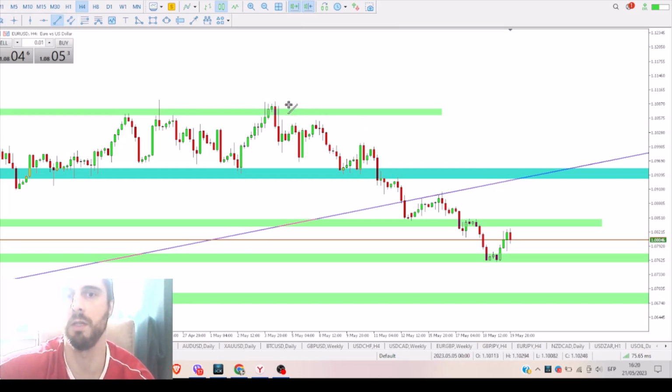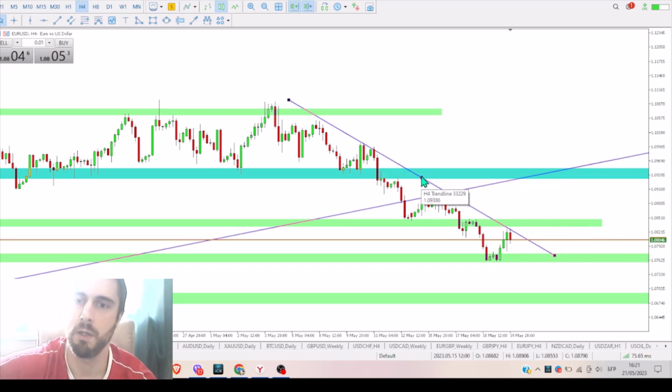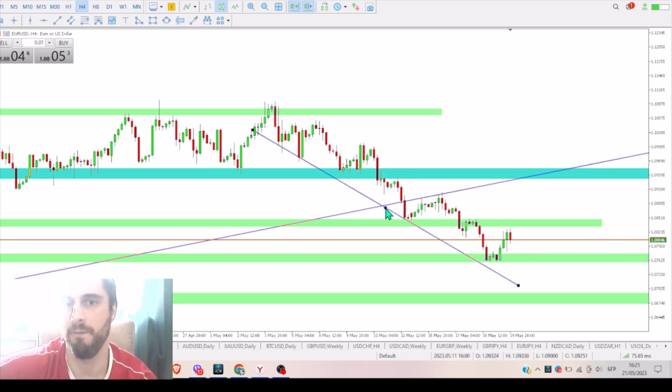So currently you can see that we are in some sort of a channel, and price is at its maximum. So if that continues, then we have plenty of room to the downside.